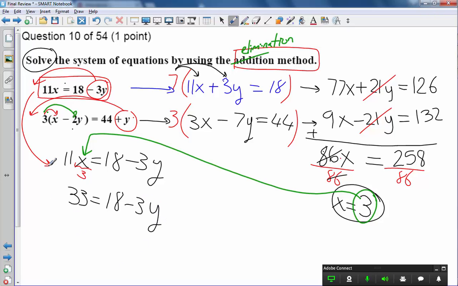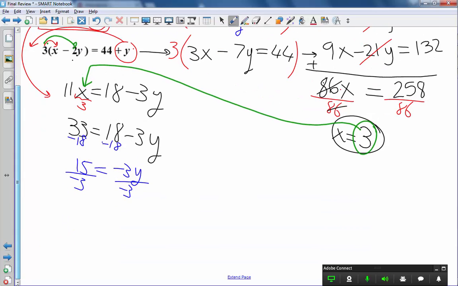You just need to subtract and get y isolated. So subtract 18, you have 15 left on the left side, and minus 3y. Divide both sides by -3, and voila. What is y? -5.